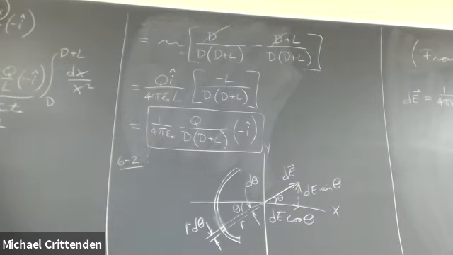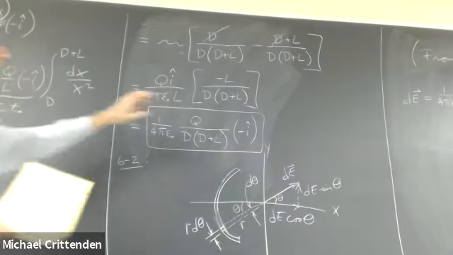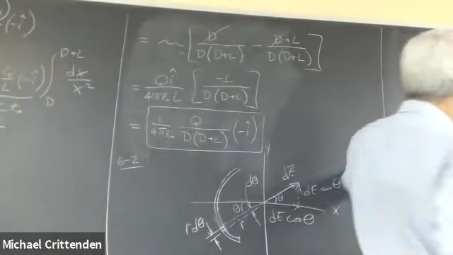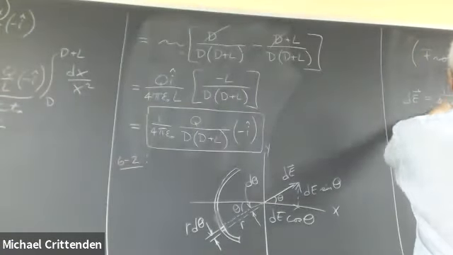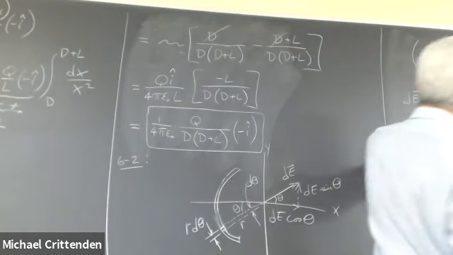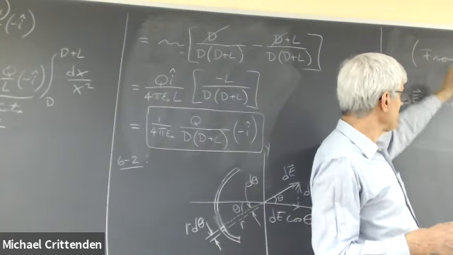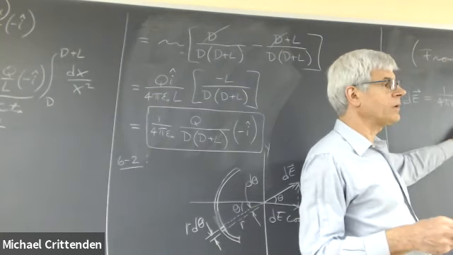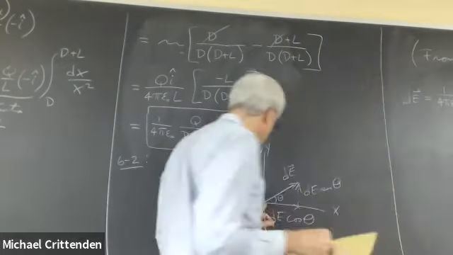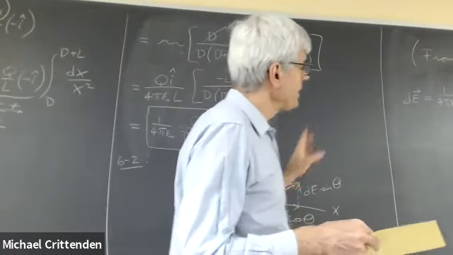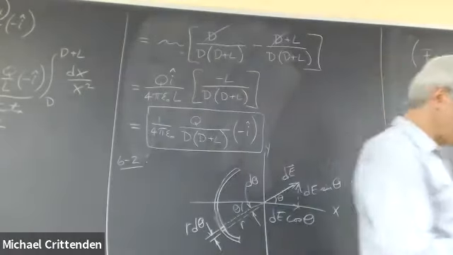Coulomb's law constant times Q over R squared. We'll have to make some substitutions into that before we're done, but for starters, Coulomb's law constant times the charge of the little piece over R squared, where R is its distance from the point where you want to know the field. That's the magnitude of the field.